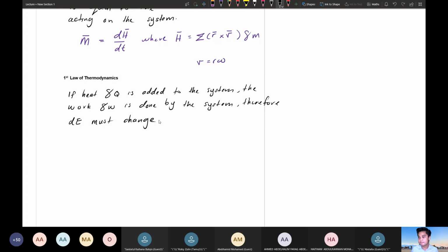This is the definition of the first law of thermodynamics, where the change of Q is added to the system and the work done is done by the system. This is negative. Work done equal to dE. This is system energy.